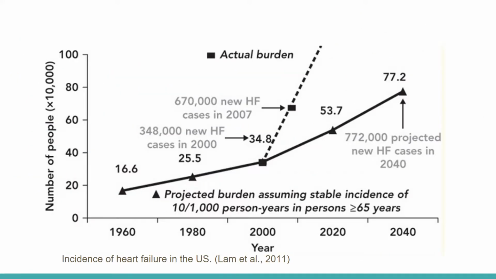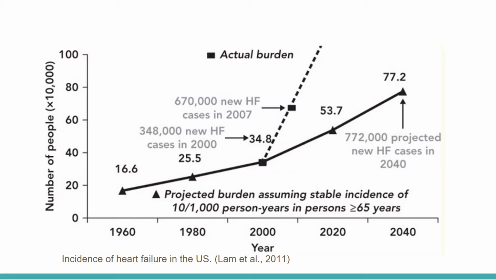This graph just represents that in graph form. So the solid line with the triangles shows where heart failure was projected to be by 2040, and the dotted line with the squares shows where heart failure actually is. So this is the incidence rates right now.